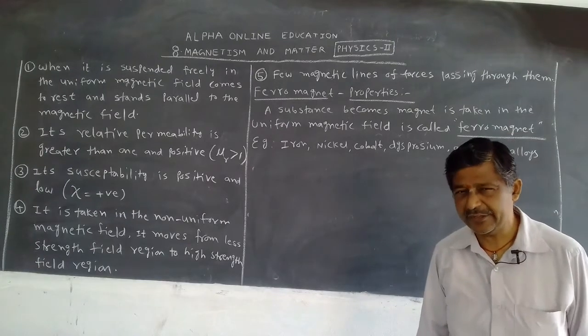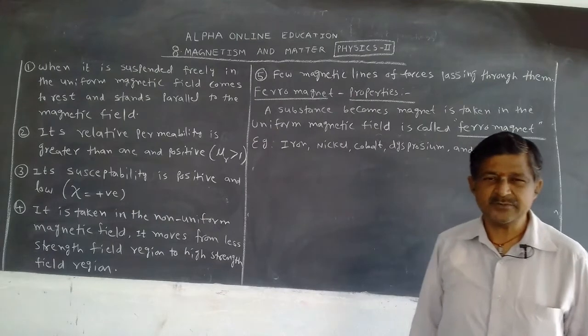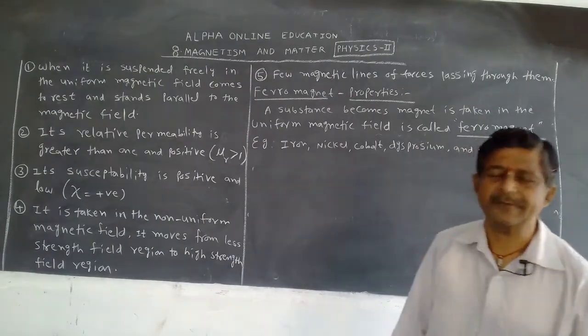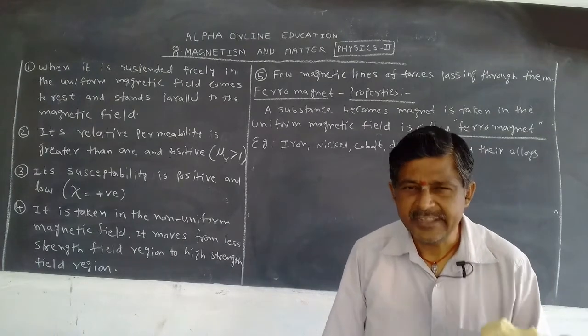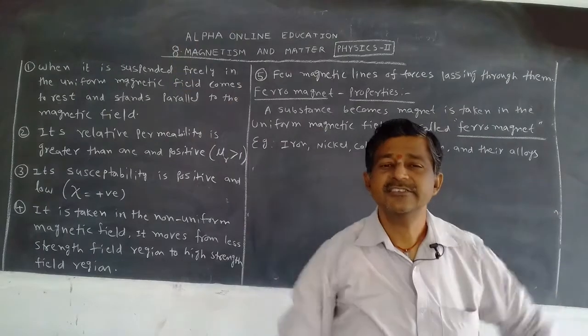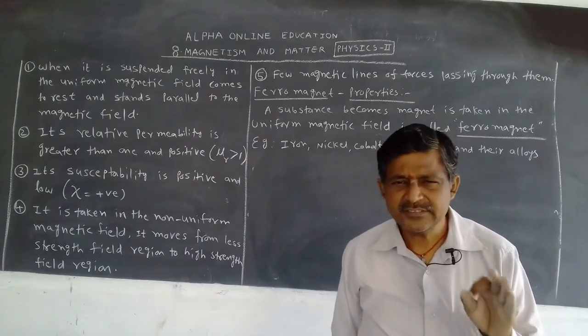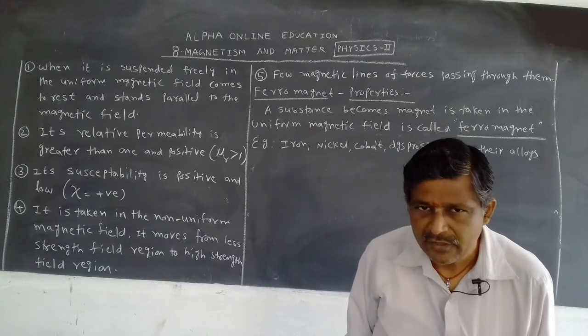Maximum which can we use? Iron, nickel, cobalt. Maximum these three we can use and their mixtures, their alloys. These, when taken in the external magnetic field, are converted as magnets. This is the definition of ferromagnet.